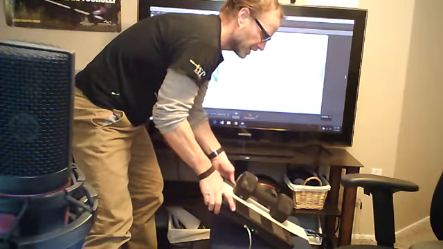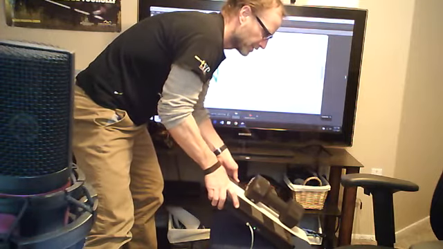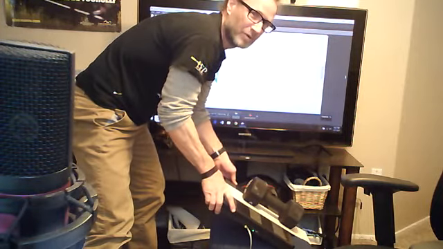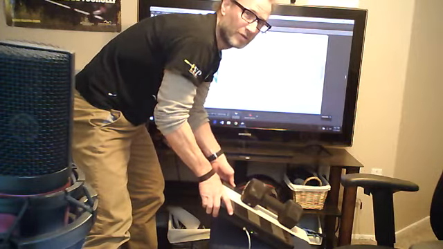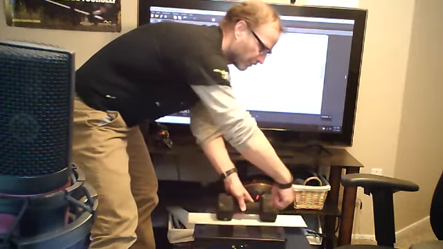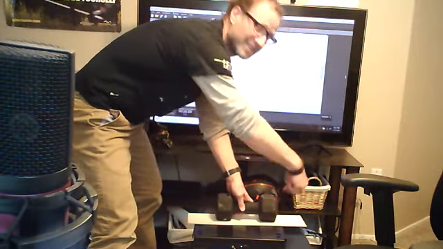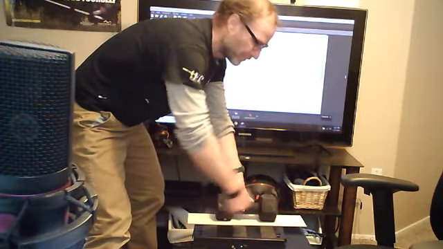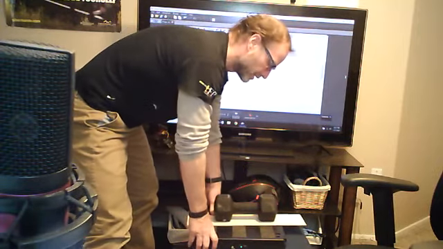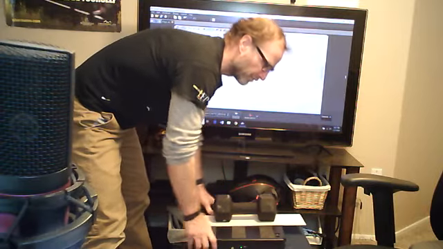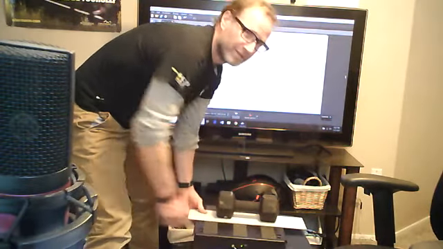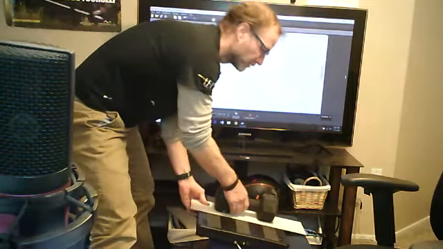It started to slide. There it goes. At that point, the parallel component of the force vector due to gravity is greater than the friction force.